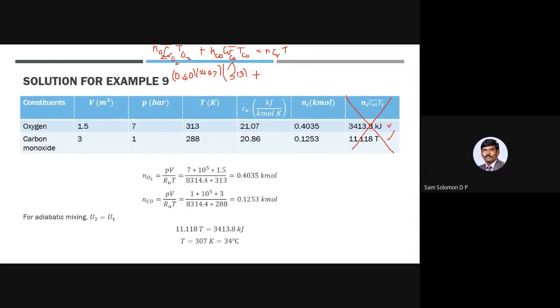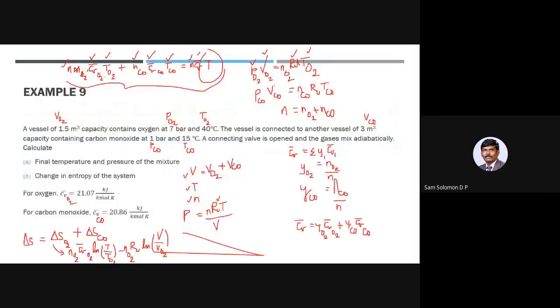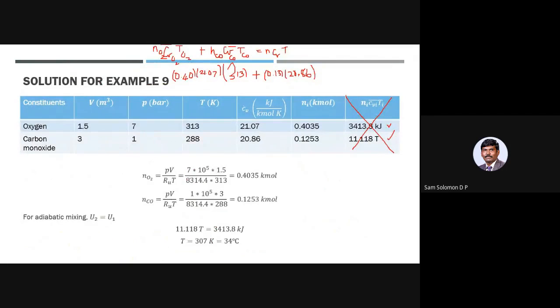Plus N of carbon monoxide here is 0.1253, so let me take it as 0.13. CV of carbon monoxide is 20.86, and the temperature here is 15, so 273 plus 15, 288. Then we have to add 0.13 plus 0.40, which is 0.53.